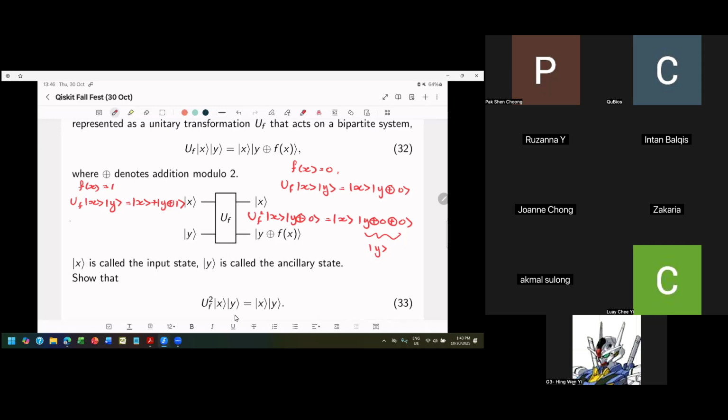The second time when you apply UF, you get this. But because this is a modulo 2 sum, it basically returns back to 0. So that's why this is just x, y. Okay?